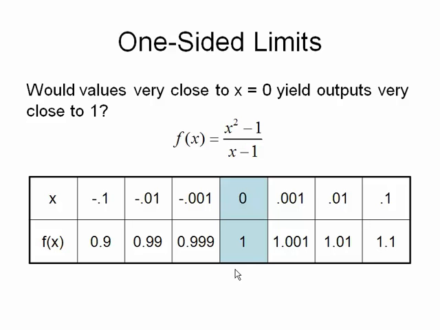And I think you would expect in this case, as I put in more and more decimals on the positive and negative side, one side would be slightly below 1, one side would be slightly above 1, but we'd be getting closer and closer to 1. So yes, indeed, as we get closer to x equals 0, we get outputs that are very close to 1.